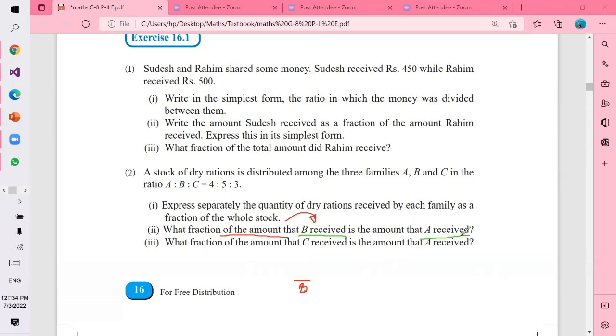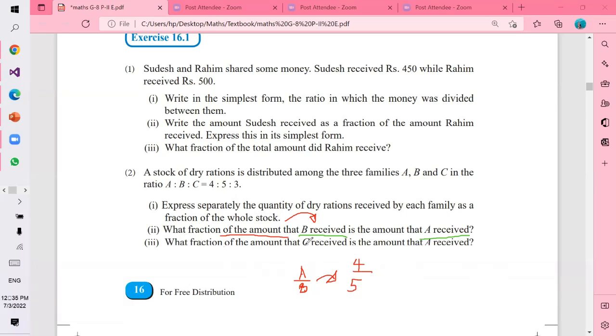Then what is the numerator, Viara? A. So this is the fraction actually. So when we convert it into numeral symbols, what is the answer? It's 4 over 5. So we know that A is 4, the numerator, B is 5. 4 over 5 is the fraction.